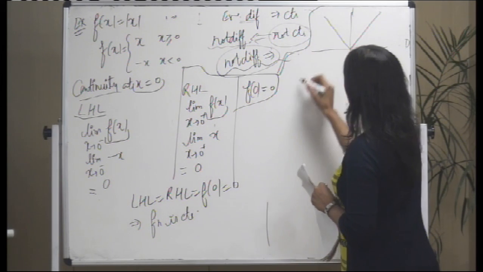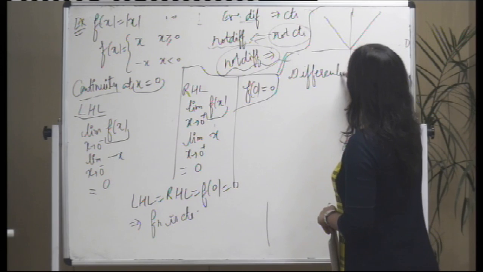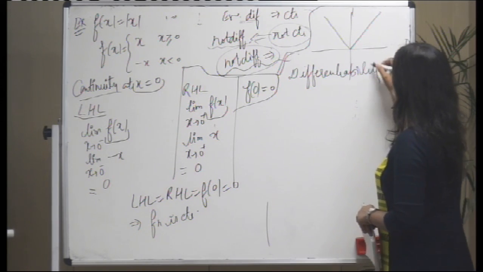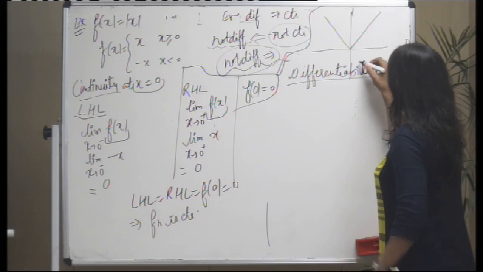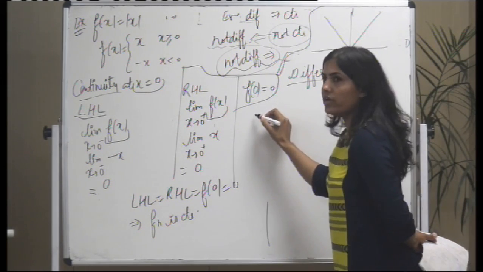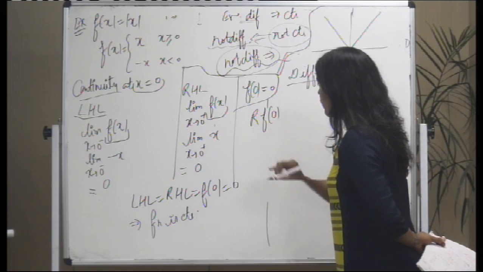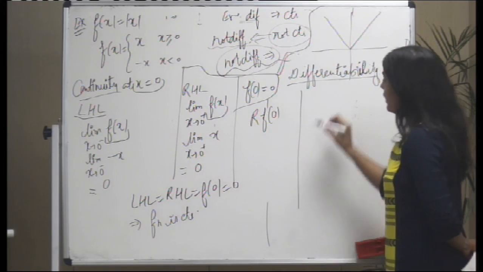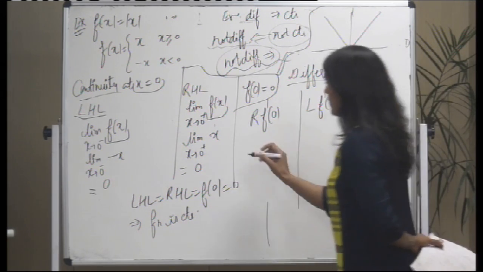Now we will check this. This part you see very carefully. Differentiability. How do we check? Right derivative at 0 I will calculate, then left derivative at 0 I will calculate. What is the definition now?